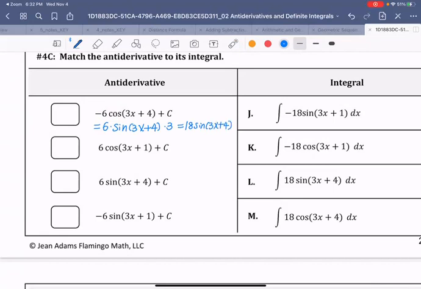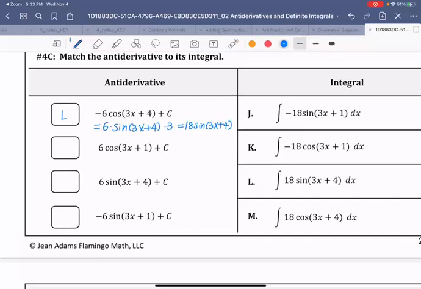Do I just leave the 6? So say it one more time. Do I just leave the 6 and differentiate? Yeah, you leave the 6 in front. Okay, so the coefficient, leave it in front. This guy is matching to L, right? Yes. Next one.